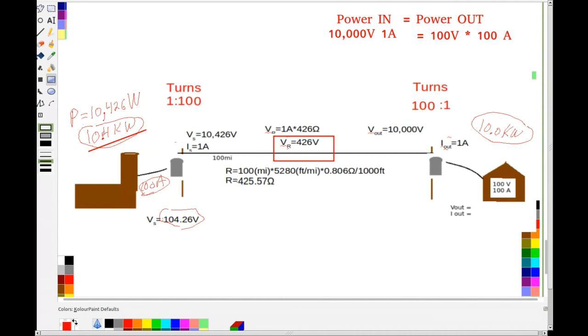So that's part of it, that delivery charge. But they're only generating 10.4. So I have to pay for them to transmit it, which is 400 watts worth.